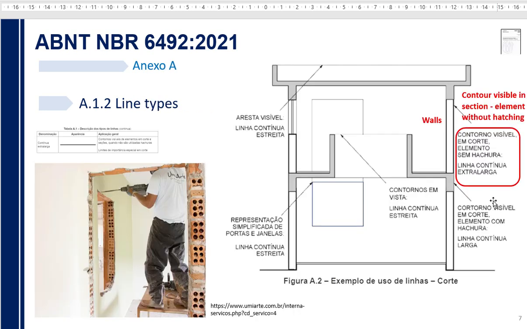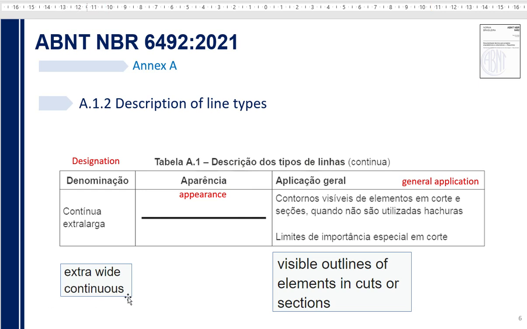For example, here we have a building with a door, a window and several construction elements, and here we can see the walls. For the walls we use the visible contour, and the line we use is exactly the extra wide continuous.